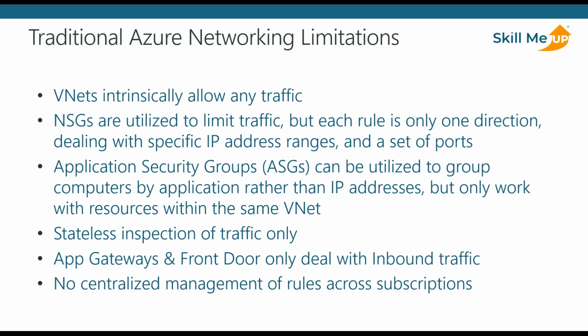You can also do application security groups to where you can have particular applications rather than specifying IP addresses. This really only works with virtual machines. It doesn't really do anything beyond that, and also it doesn't work outside of the individual VNet. But it's a good way to be able to say, hey, this application is going to be allowed this way, and it works in your NSGs.